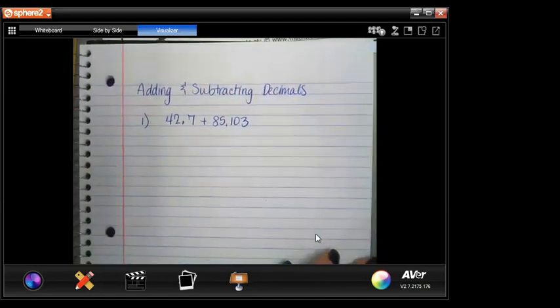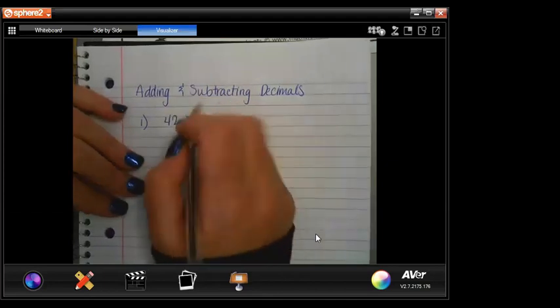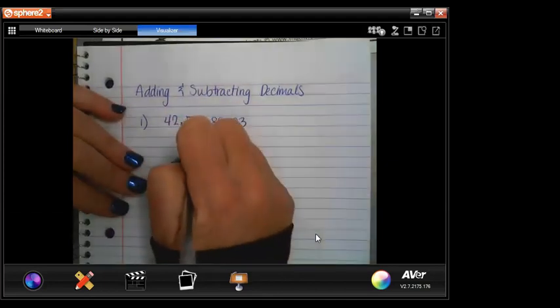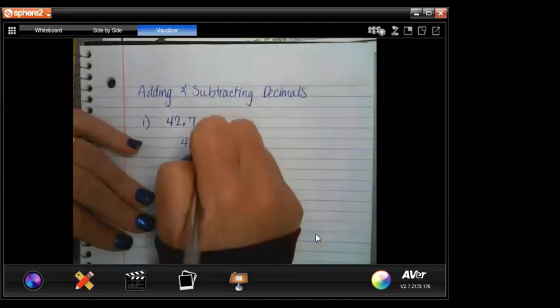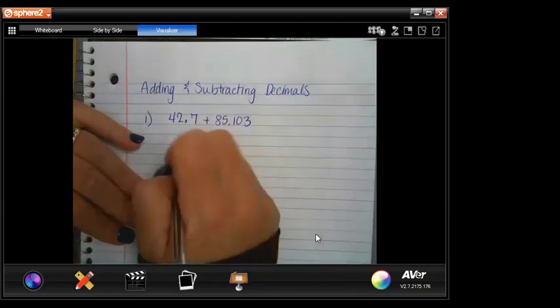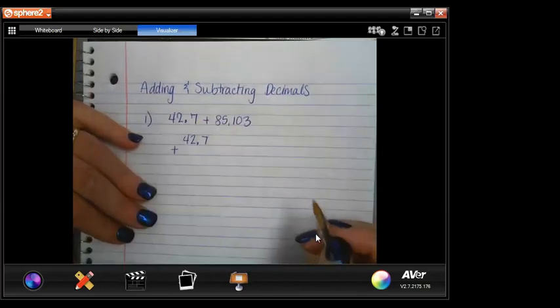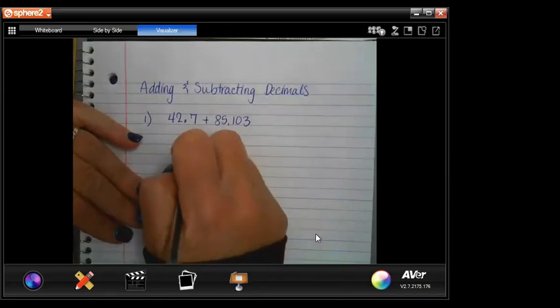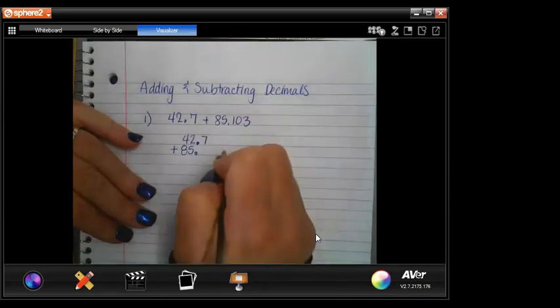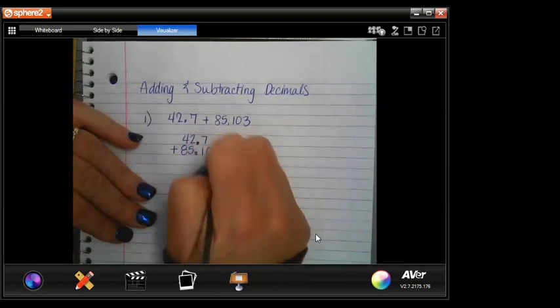Just like the rapid mathematician said, you got to line up the dot and give it all you got. So we go 42 and 7/10 plus, we're going to line up the dot. So I have 85, here's your decimal point, 103.